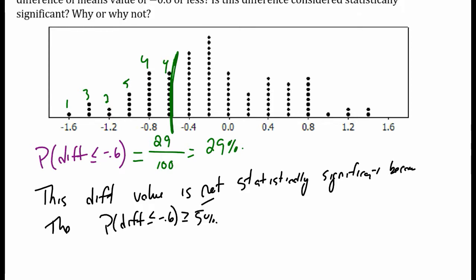Remember, 5% is our cutoff for saying things are unusual. So this happened 29% of the time. That's not that unusual, because our probability is bigger than that 5% cutoff.